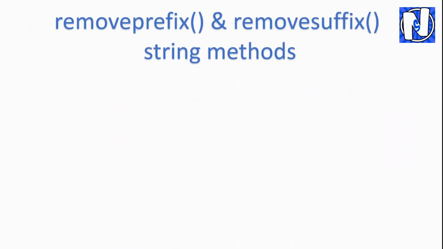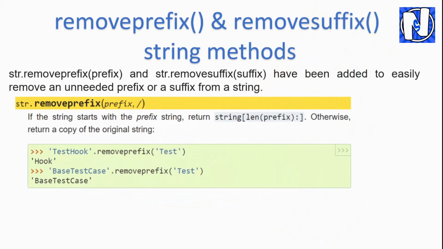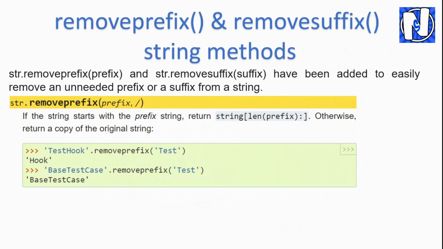Now moving on to the next feature, that is removeprefix and removesuffix in the string. As you can see, str.removeprefix returns the string without the prefix if it is present in the string, else it will copy the entire string to the result.